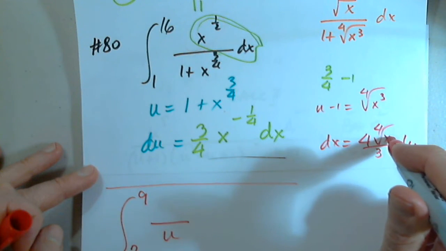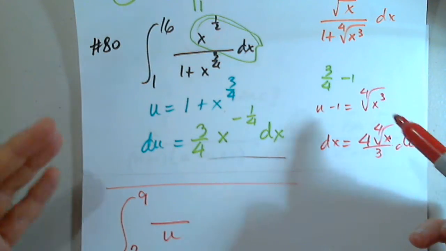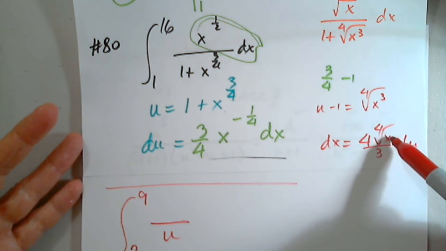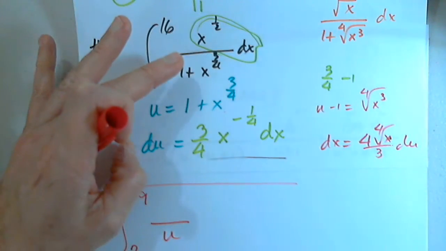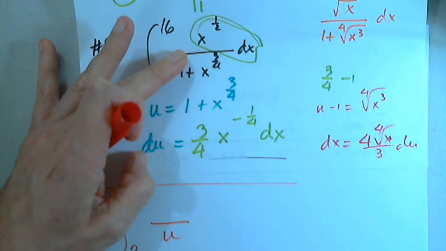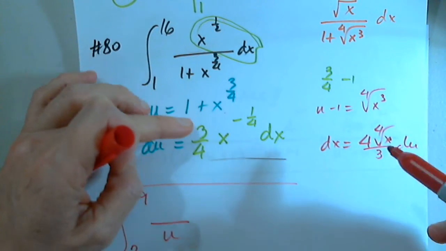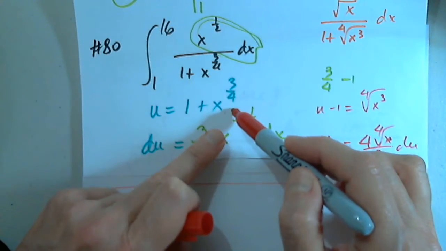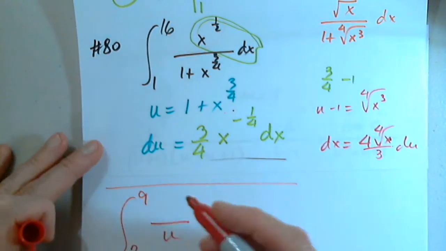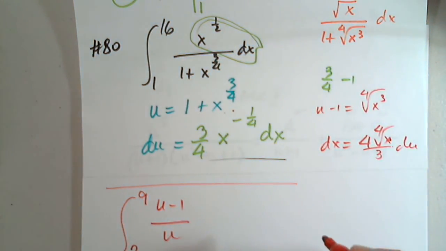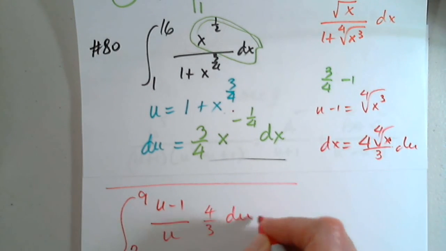So this, I'm having difficulties, the fourth root, okay, with this, look at that. This times this will give me that. Oh, that's what it is. Okay, I see it now. So 4/3 du. Okay.